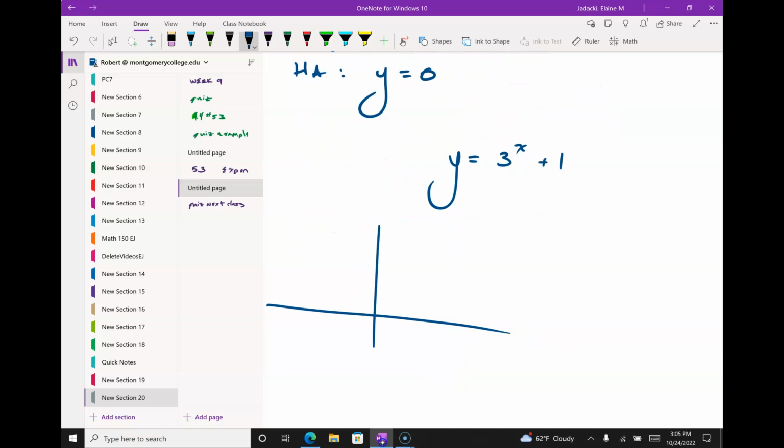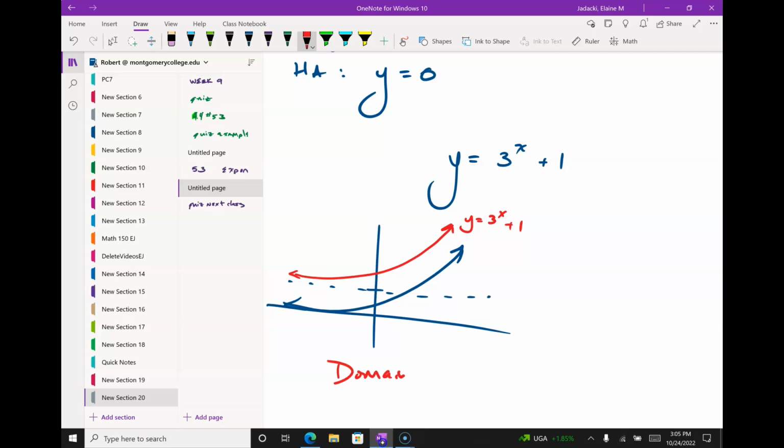So what's this going to do? It's going to take my 3 to the x and move it up where? What's the domain? All real. What's the range?